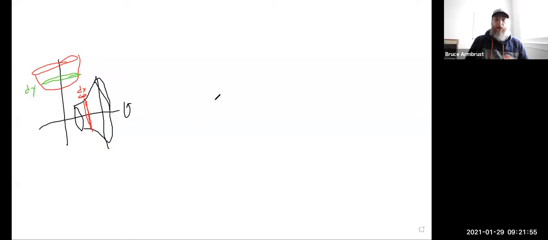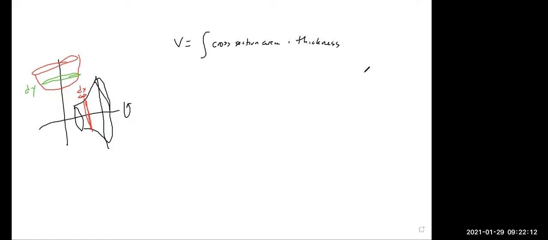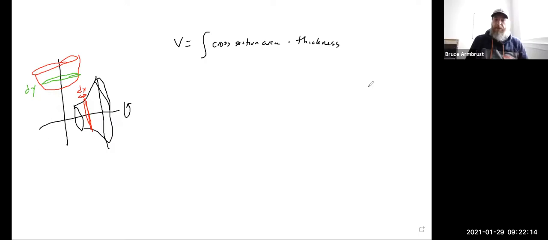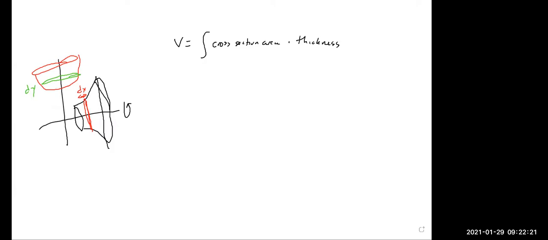All right, so thinking about cross-sectional area or just volumes in general, right? The volume is equal to the integral of the cross-sectional area times a thickness. Now that thickness is going to be an infinitesimal thickness, the tiniest of tiny thicknesses.